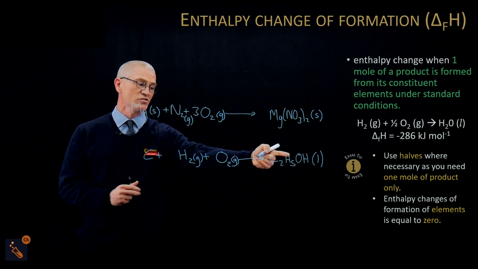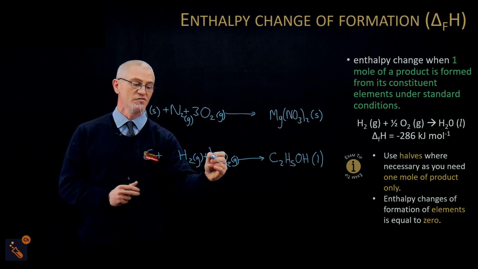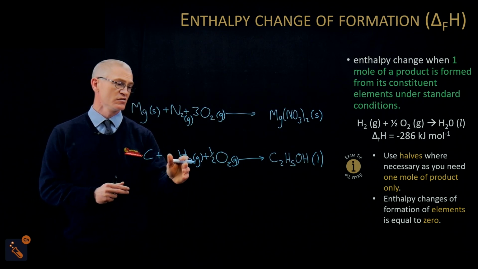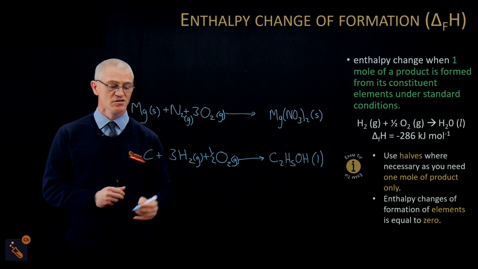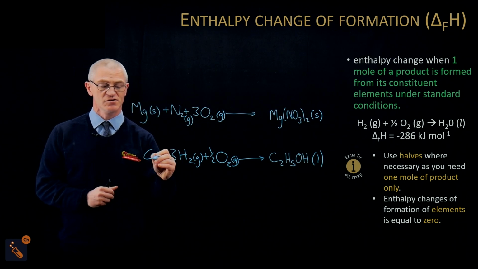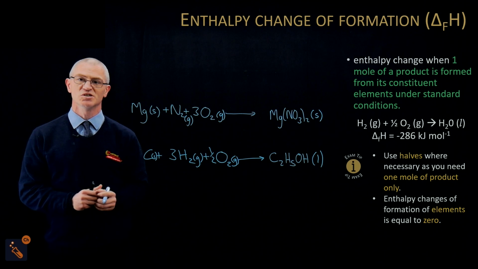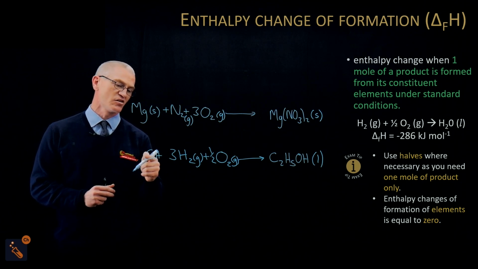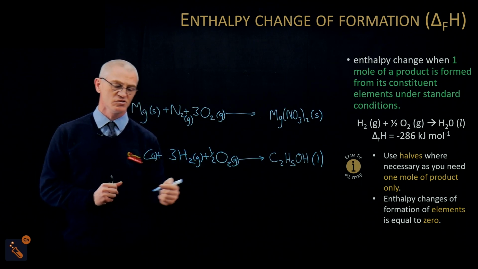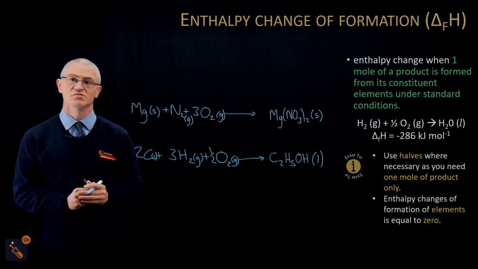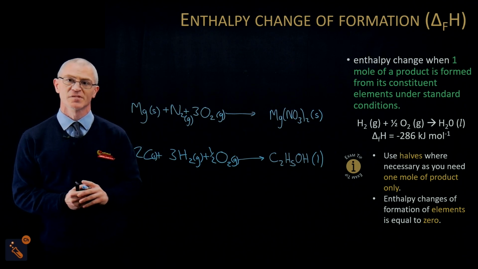So if you look here, there's 1 oxygen, so that'll be half O2. There are 6 hydrogens, so 3 of that, and just to finish off, your carbon is a solid because you just missed that off. And that's balancing wise, 2 carbons there, so 2 carbons here.